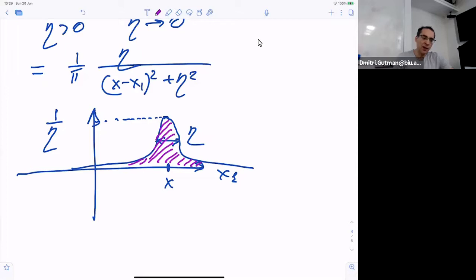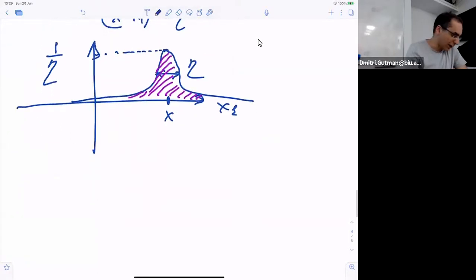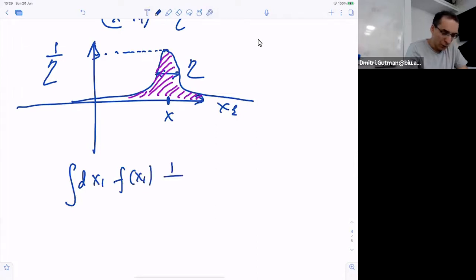Now the width of this Lorentzian is eta, and therefore when eta approaches 0, this width is infinitely sharp. It's very narrow, and therefore that thing is a delta function. So the integral with respect to variable x1 of this object should be understood as follows.